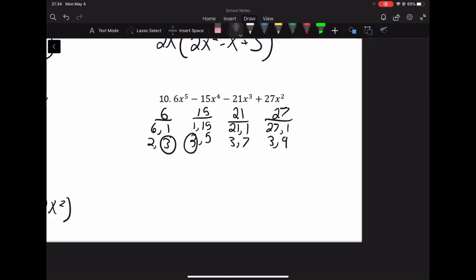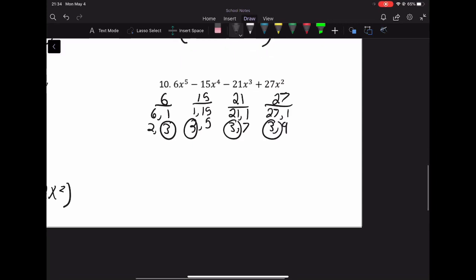GCF here, we got 3 in all of them, so let's pull out 3. And our lowest x term is going to be that x squared, so 3x squared is our GCF. Let's divide all of them by 3x squared.